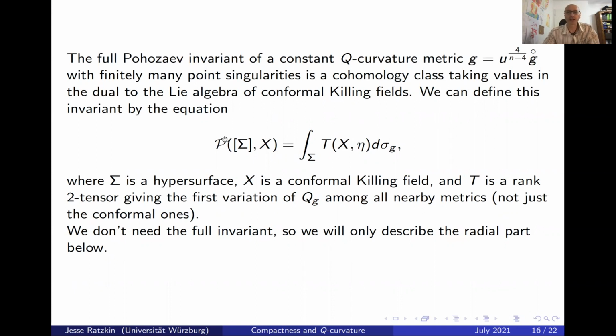But if you want to describe what this is in full generality, it would be a certain cohomology class taking values in the dual to the Lie algebra of the conformal Killing fields.